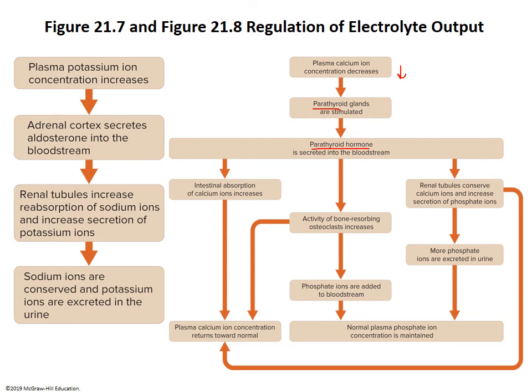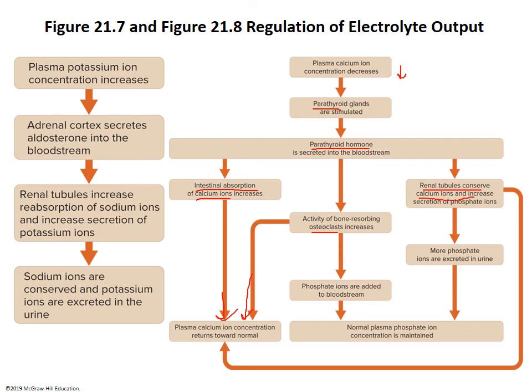Since we know that calcitonin puts calcium into bone, we know parathyroid hormone takes it out of bone. So it's going to activate osteoclasts, which are going to go and create calcium ions. Parathyroid hormone is also going to cause the intestine to increase calcium ion uptake, which is going to increase ion levels. It's going to go to the renal tubules, particularly the distal convoluted tubules, and cause calcium ion uptake.